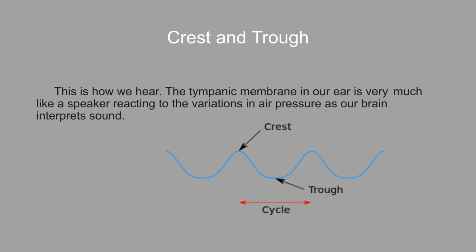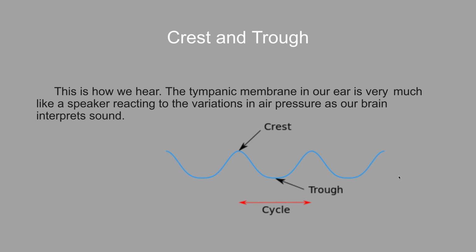That's how fast the cycles go through. In a certain amount of time, there are 440 cycles of crest and trough back to crest.